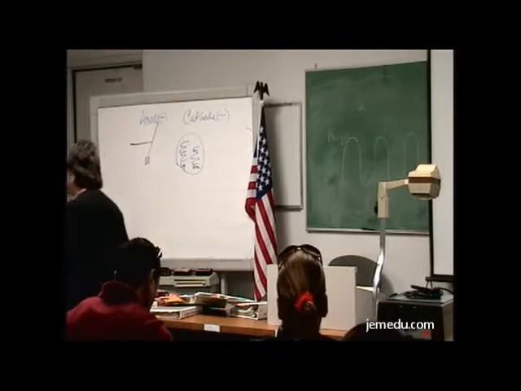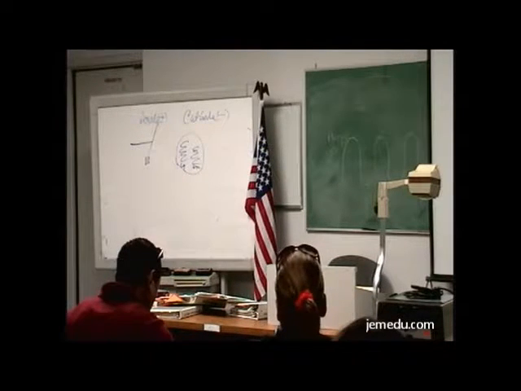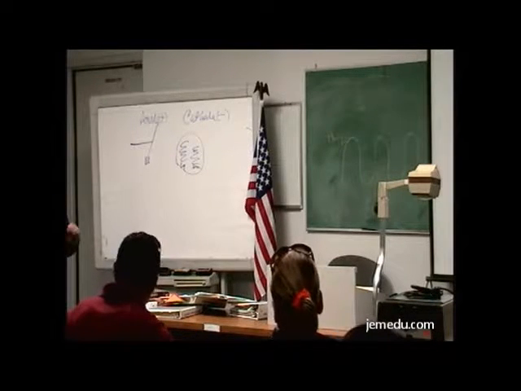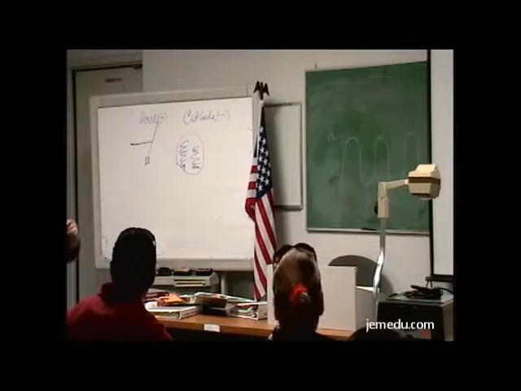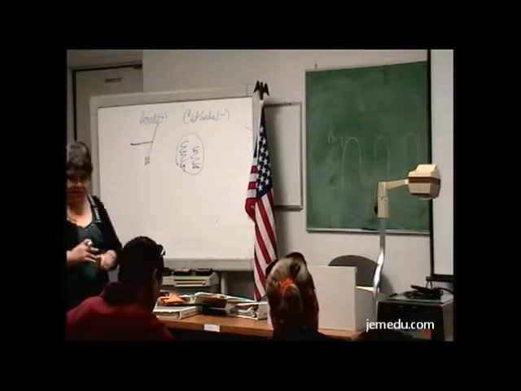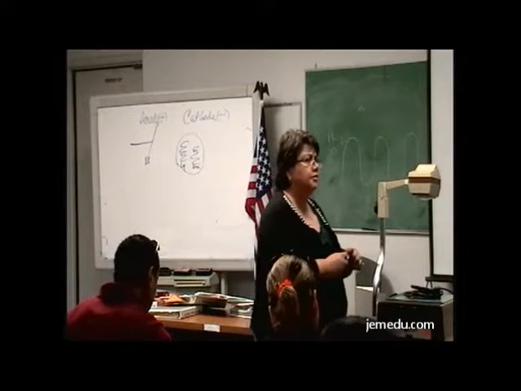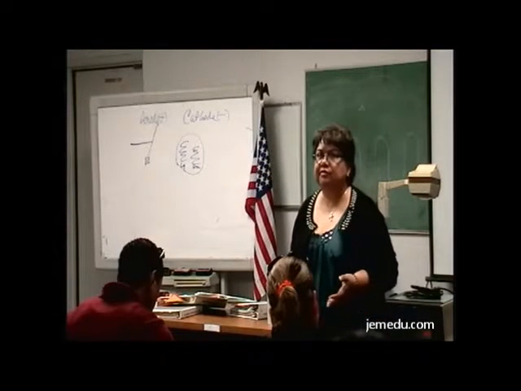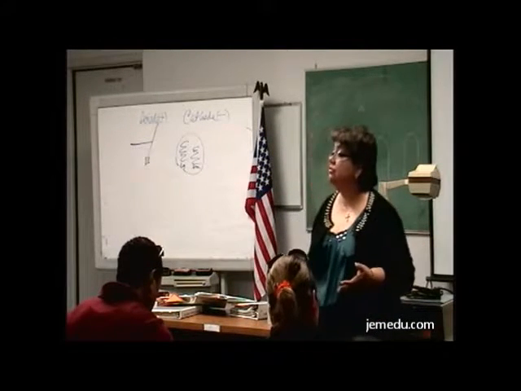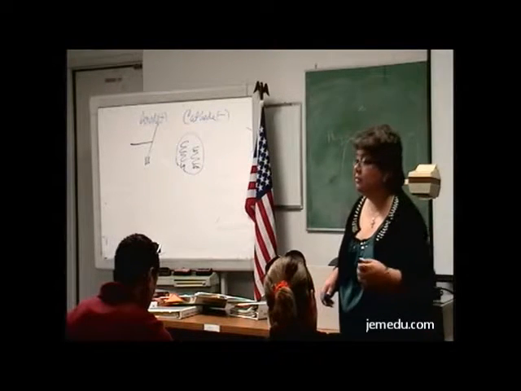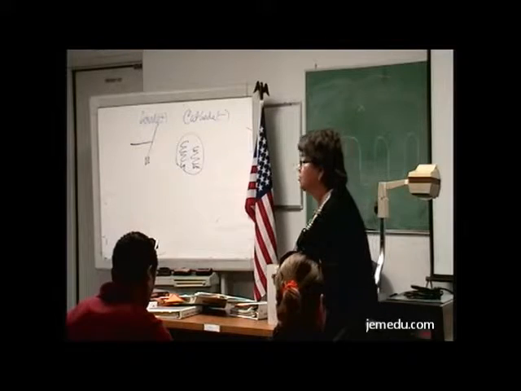How many types of anodes are there? Two anodes. And the two anodes' names are? Rotating and stationary. You need to think that stationary anodes are old-fashioned. We still use stationary anodes in a lot of our equipment: our dental x-ray equipment, some of our podiatry, our bone densitometry units.